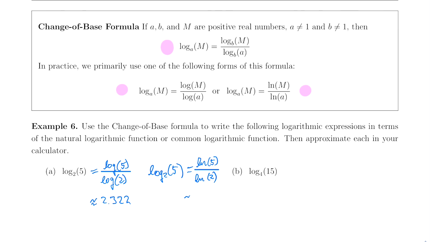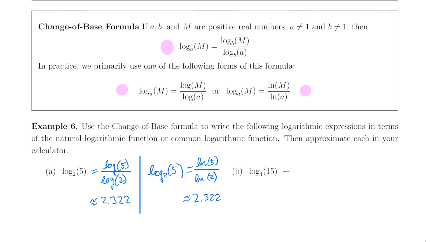And if you plug that in your calculator, voila, you again get 2.322. So these are two different ways of writing or finding the same answer. And both work for any base. If you have a more modern setup, and you can find it for any base, you can play around with different bases there.